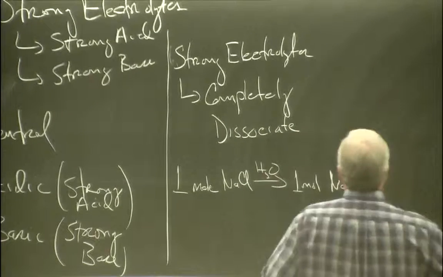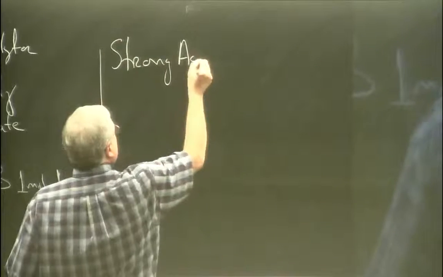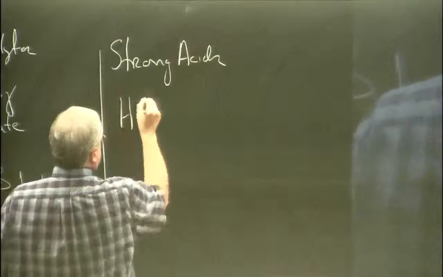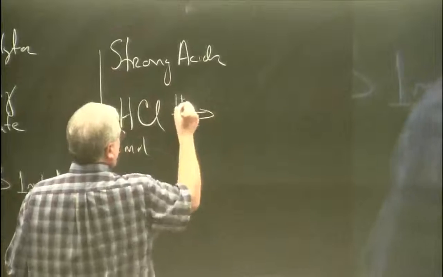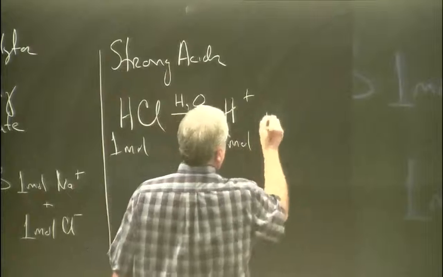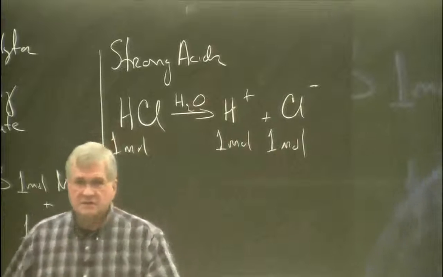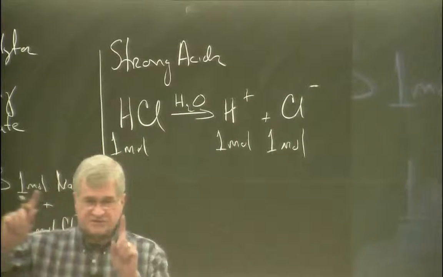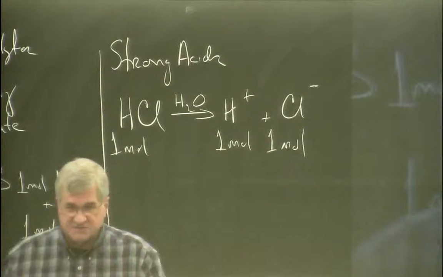And more importantly, when we talk about strong acids, let's see the HCl, and once again we'll say 1 mole of HCl. You put that into water, and you'll get 1 mole of hydrogen ion and 1 mole of chloride ion. Does everybody get the idea of 1 mole of HCl giving you 1 mole of each? Everybody okay with that concept? Because sometimes when it comes to dissociations, people get a little confused.